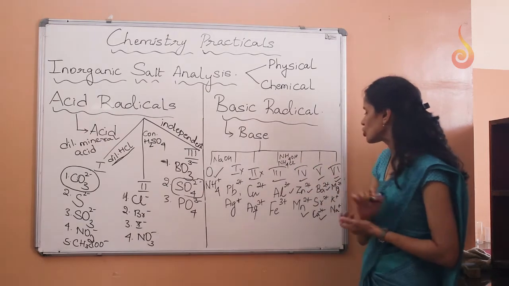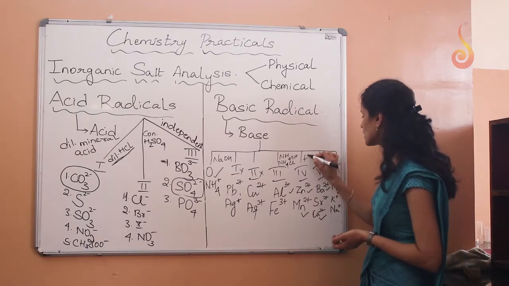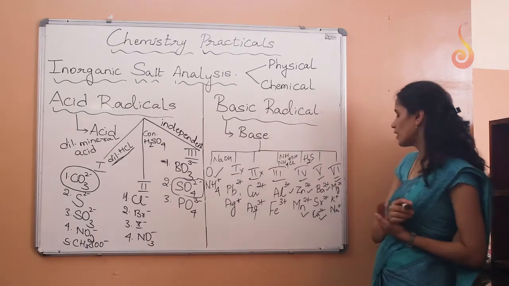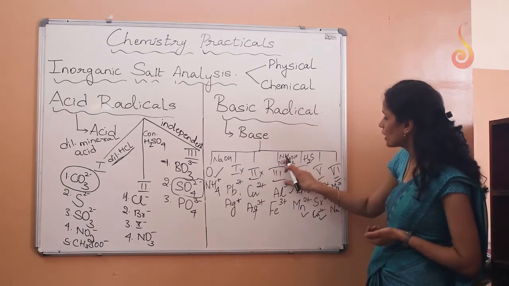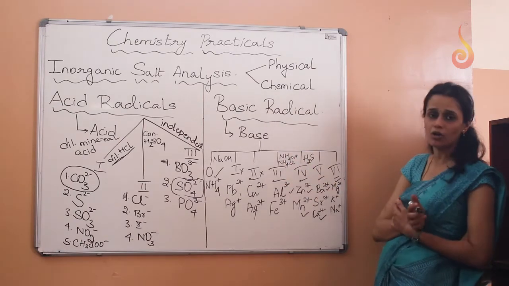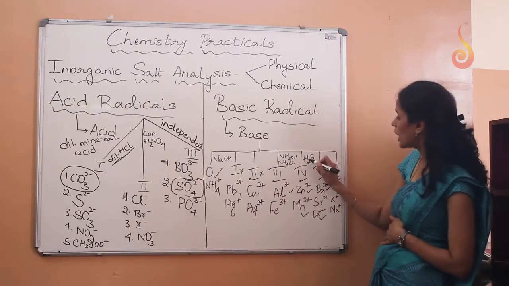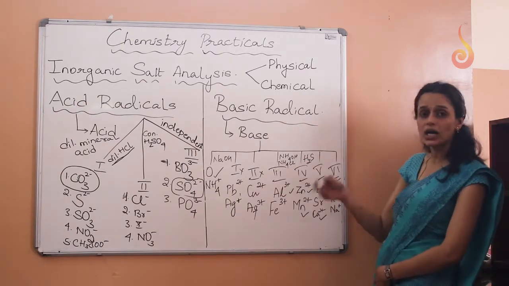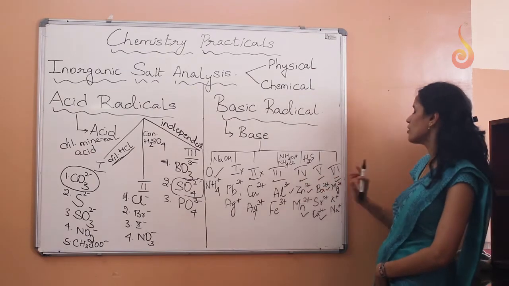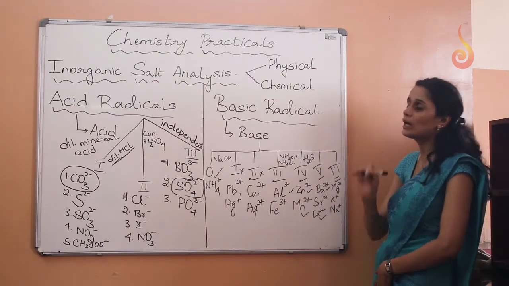Apart from these two, one more reagent is there for the fourth group, that's nothing but H2S. And for the fifth group, again ammonium hydroxide and ammonium chloride are common from the third group to sixth group. Apart from these two, we have other reagents for the fourth, fifth and sixth group.